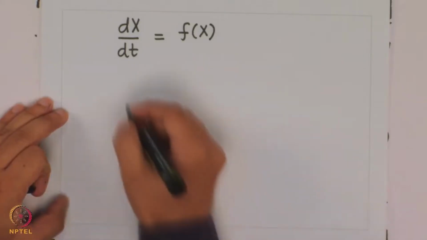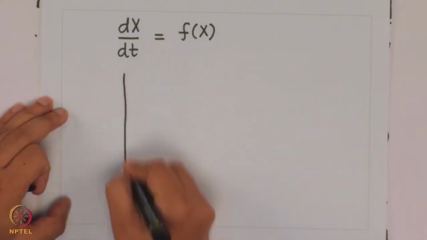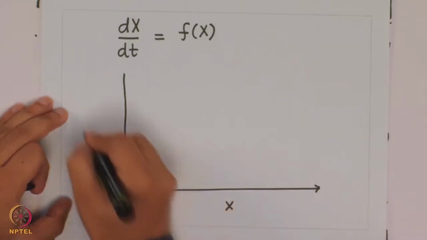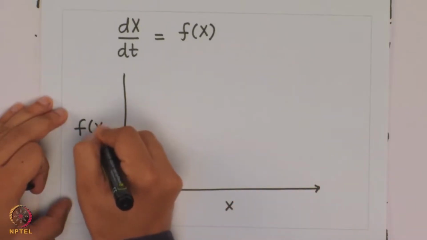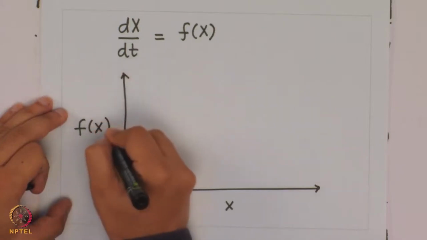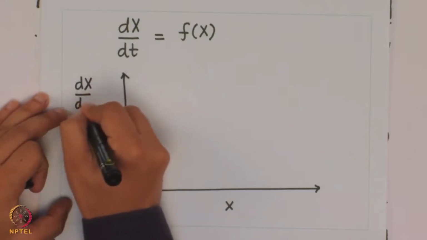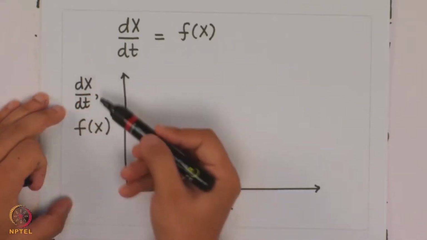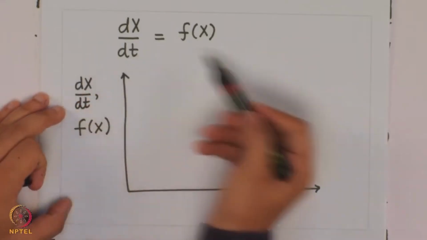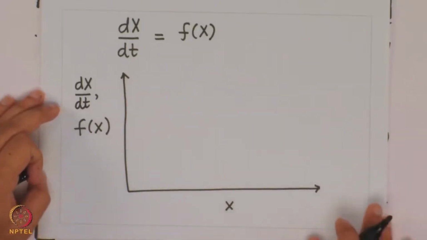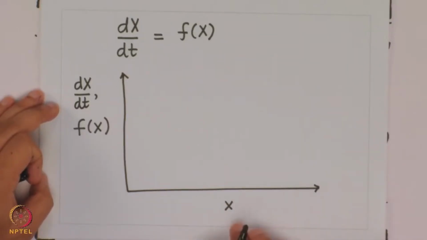The steps in the analysis of the nature of steady states associated with this system are simply to draw x versus f(x), or dx by dt. These two quantities are equivalent, whether you write dx by dt or f(x), because they are the same quantity. In the context of biology, we are often interested in numbers of individuals of a particular species.